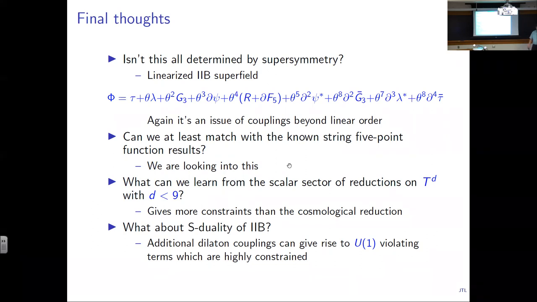And once I say 1 loop R to the 4, then I can't do this T-duality. So I get kind of stuck. However, if you try to be a little bit clever, you might be able to reduce it a little bit more non-trivially. Maybe not 11 dimensions, maybe F theory type stuff a little bit, and give it some actual dynamics on the torus or something like that. It's not something I've looked at, but I think there might be some possibilities.